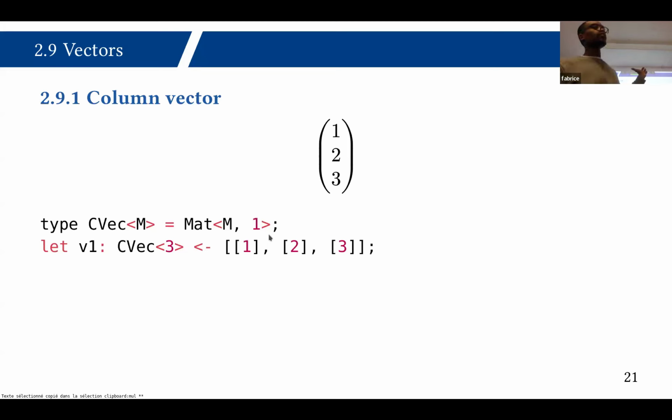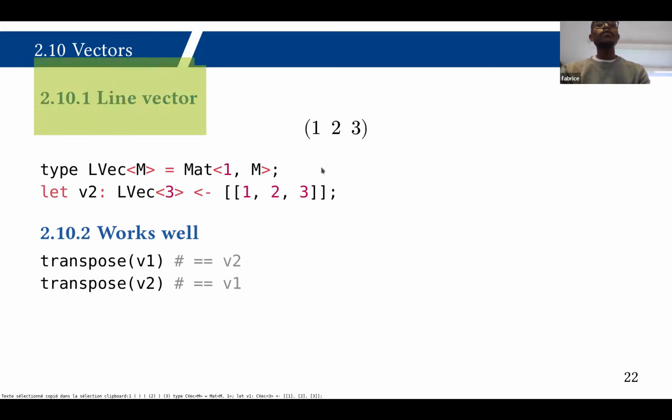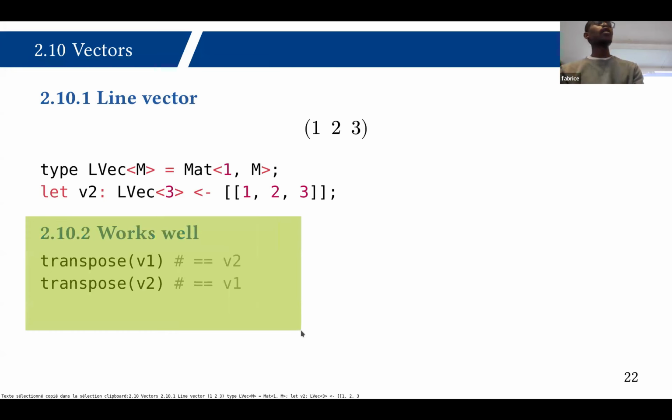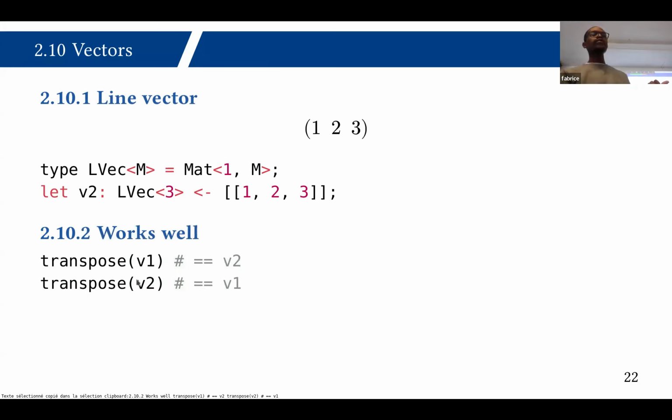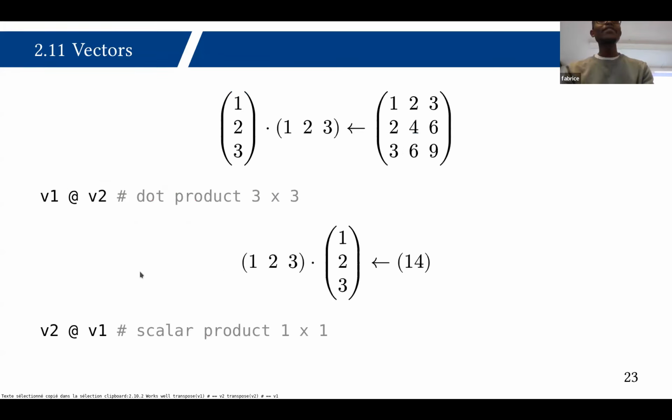Another discovery I've made, as I said, we can represent vector like a matrix. So we can have a column vector, a matrix with just one column, and a line vector, a matrix with one line. And so the operations we know from matrices, for instance, transpose, will help us transform a column matrix to a row matrix, etc. So that's really interesting to see in this way.